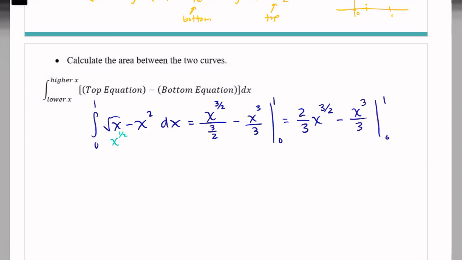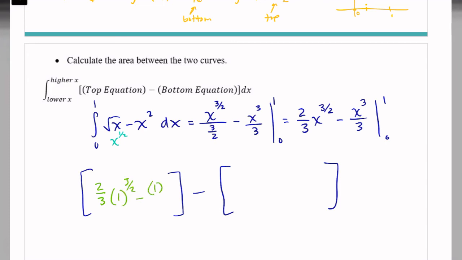Okay, so now let's plug in. If I plug the 1 in, I'm going to get 2/3 of 1 to the 3/2 minus 1 to the 3rd over 3, minus 2/3 of 0 to the 3/2 minus 0 to the 3rd over 3, which I can see is all going to cancel out.